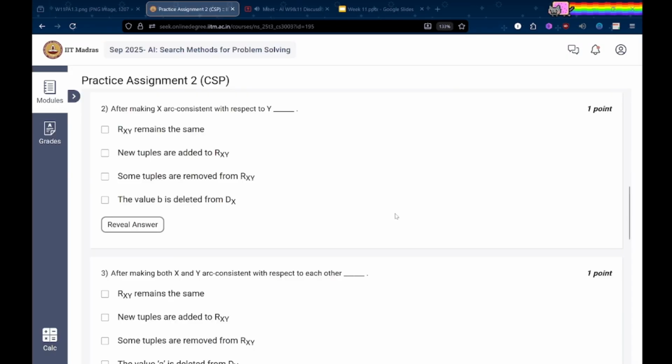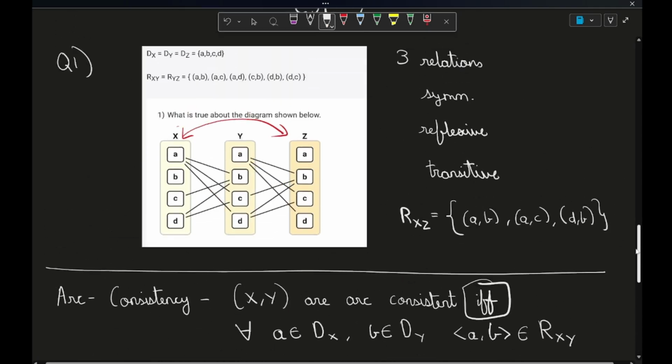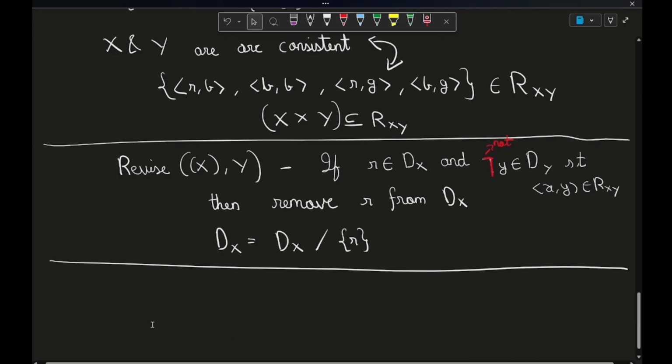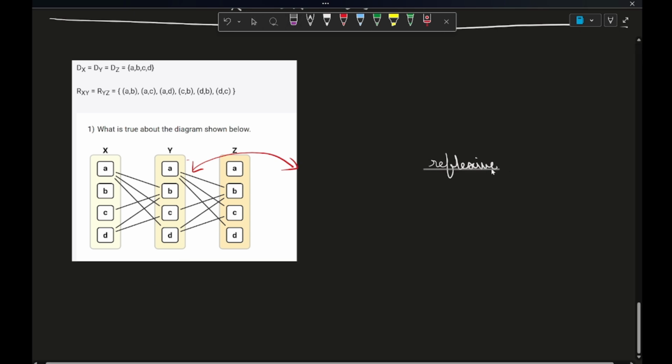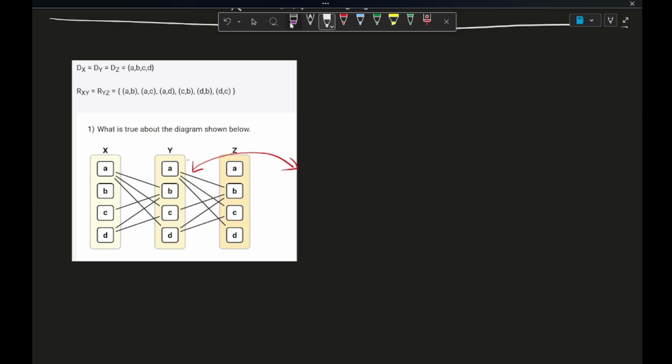Okay, so let's try and do this finally. I apologize for stalling this much, but I just needed to clarify that. To solve that question, let's take only x and y. After making x arc consistent with respect to y, it means that we only keep on calling revise x comma y.